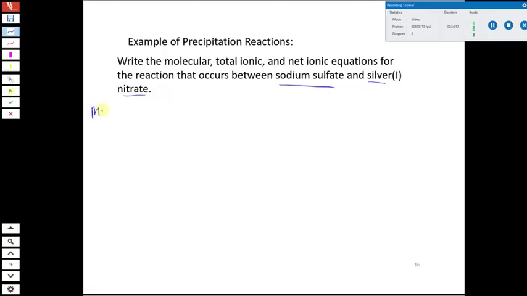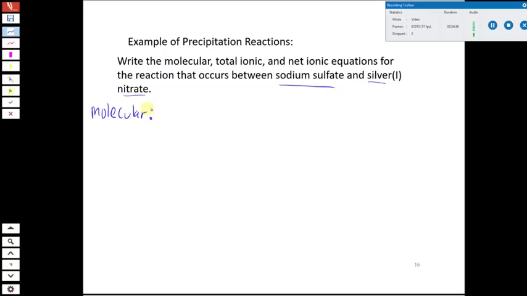So it's typically helpful to start with a molecular equation, and especially in a situation where we wanted to do any sort of stoichiometry with this, the molecular equation is probably the best starting point, because we're going to usually have molarities given for each of the substances separately, and that way you want to think about what they're paired up with at the beginning. So the molecular equation just takes the reactants and products and writes them as intact species.